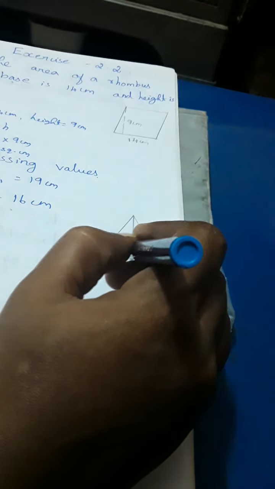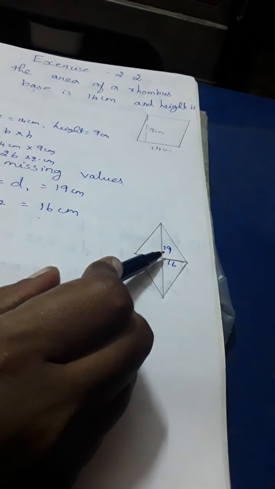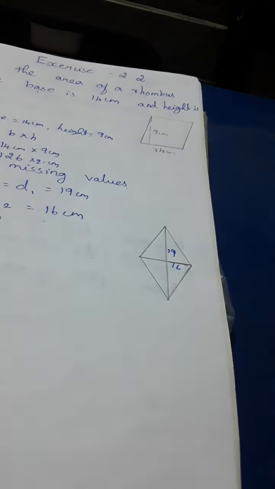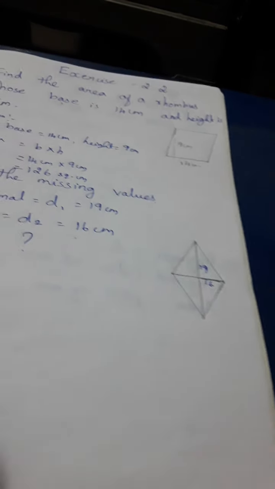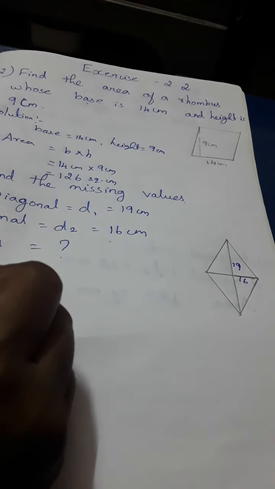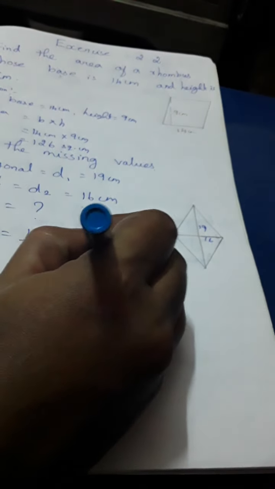This is 19, and this is 16. The first, longest diagonal is 19. The shortest diagonal is 16. So now what is our area? Yes, area of the rhombus is equal to half into D1 into D2.